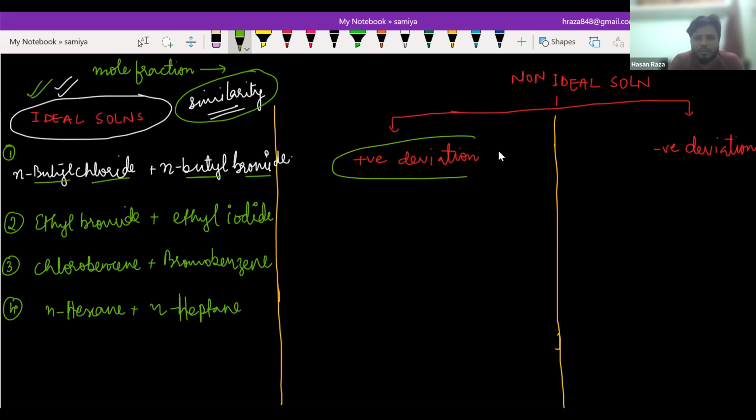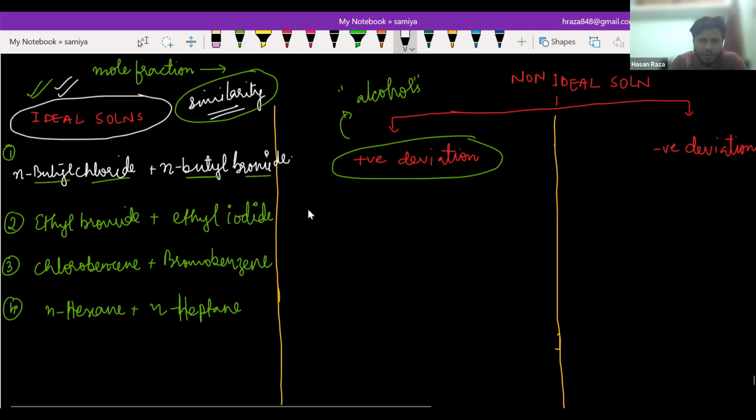Non-ideal solutions showing positive deviation are generally the ones in which there are alcohols. For example, methanol plus water. Alcohol is there.